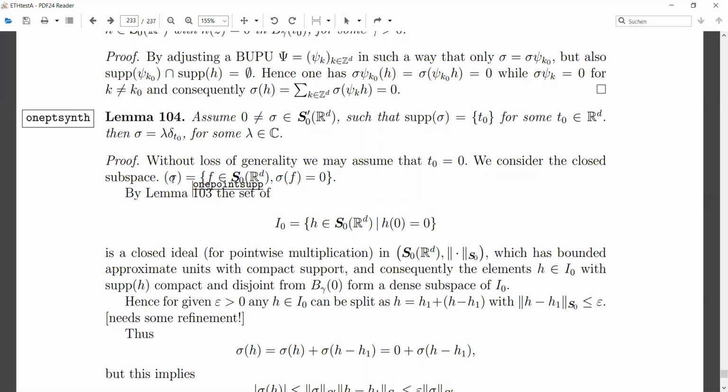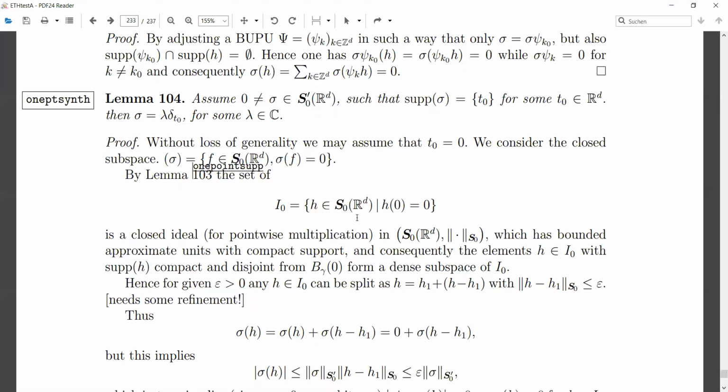One is the null space. The null space is the set of all test functions which are annihilated by this. And the claim is that this is exactly the ideal of all the functions which are vanishing at this point of interest. If you had a derivative, that would be a proper subspace.